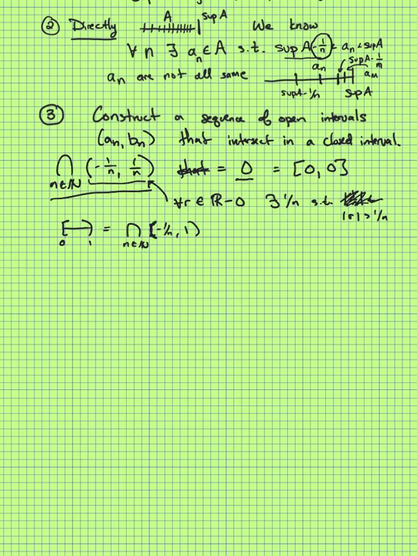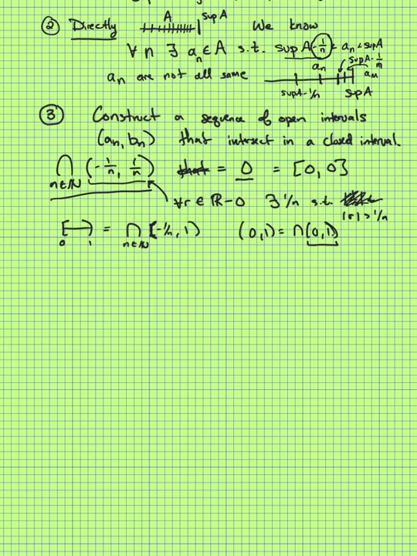Okay, so you can make half open intervals, you can make open intervals just by taking the same interval over and over. I'll write it: 0, 1 is the intersection of 0, 1. This is a nested sequence of open intervals, just they're all the same. So there are plenty of possibilities that you can construct here.